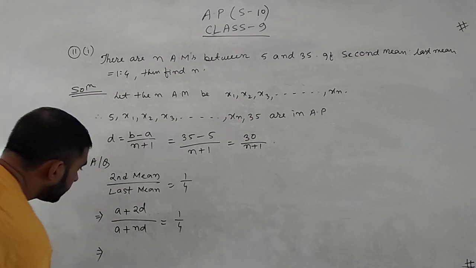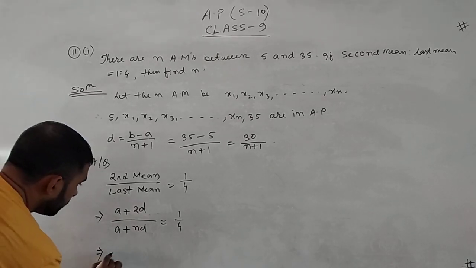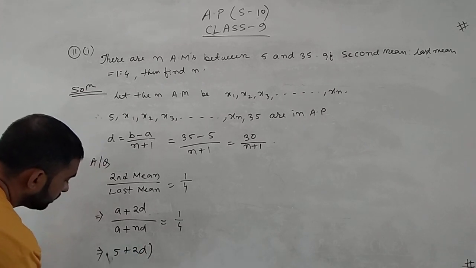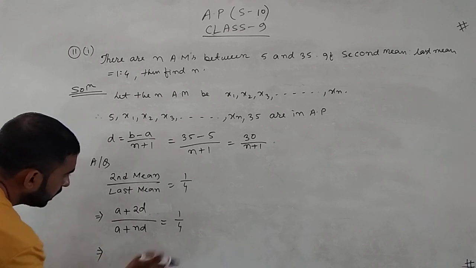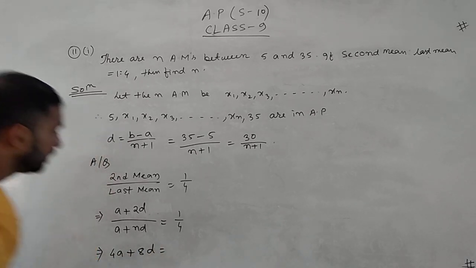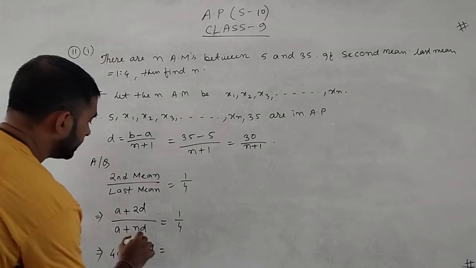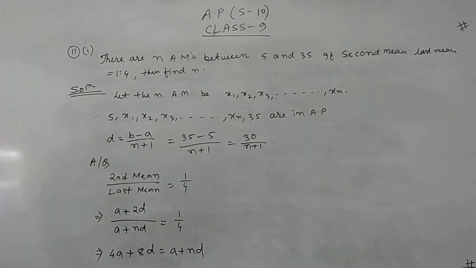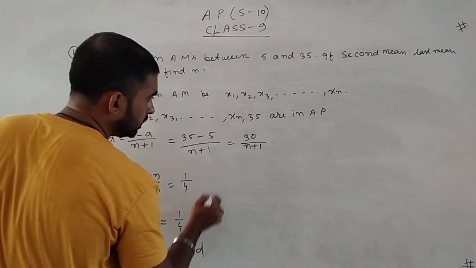Now this one A means 5. 5 plus 2D. First I do the cross multiply. 4 into A, 4A plus 8D equals A into A plus n plus 1 D into 1, A plus nD.